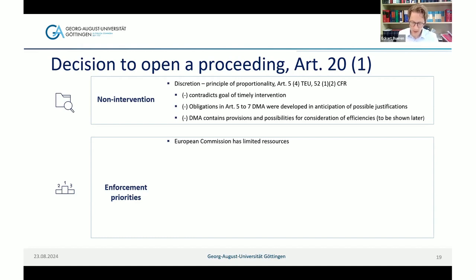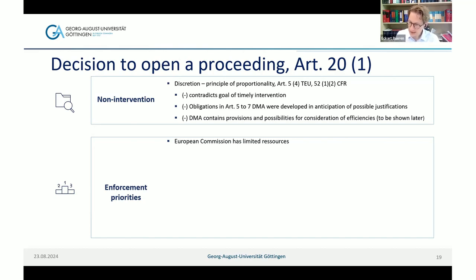There we can look at the experience in competition law proceedings, and the effects that are brought about can actually be taken into account. Here the European Commission must take the effects of a conduct on contestability and fairness to the benefit of business users and end users into account. This would necessarily include circumstances that mitigate the harmfulness of the behavior in question, including efficiencies, to the extent that they benefit business users or end users and promote fairness in the market.